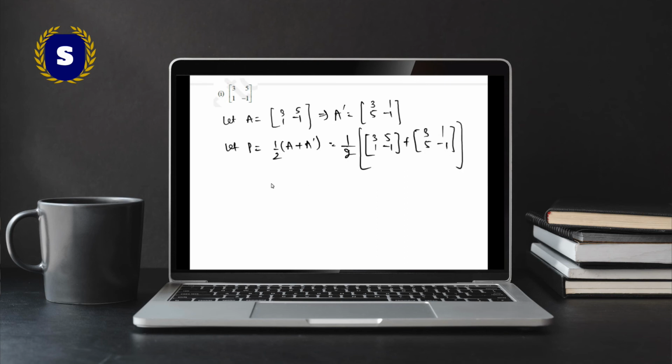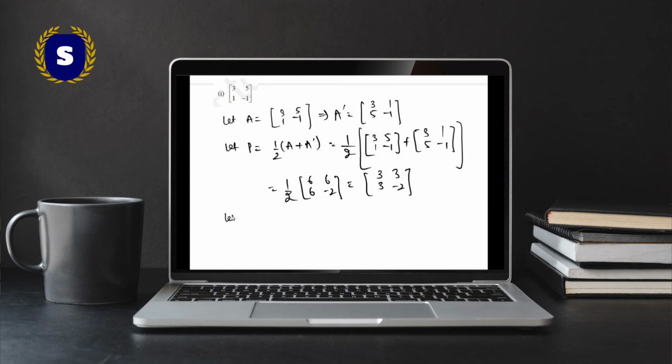Okay, this comes out to be half of 6 6 6 minus 2, which is equal to 3 3 3 minus 2. Yes, this is a symmetric matrix. You can calculate its transpose, which comes out to be the same. This is a symmetric matrix.